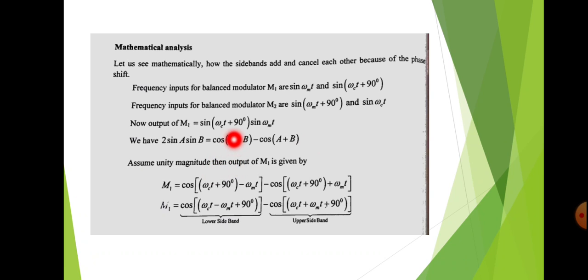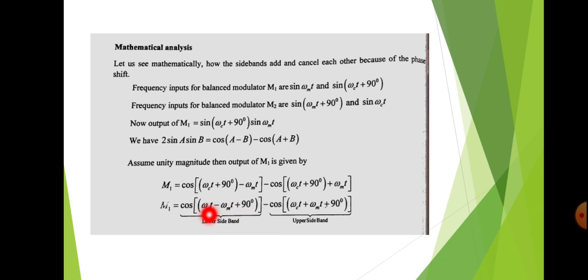So we can substitute A and B, so that we get the output of M1: cos(omega c t + 90 minus omega m t) minus cos(omega c t + 90 plus omega m t). By rearranging these terms, we get cos(omega c t minus omega m t + 90 degree) minus cos(omega c t plus omega m t + 90 degree).